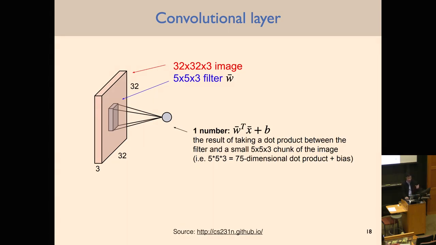So you end up with a 75-dimensional dot product, and then you add in maybe a scalar term, if you like. Let me pause here and make sure this operation is clear. Any questions on the dot product, what it means?